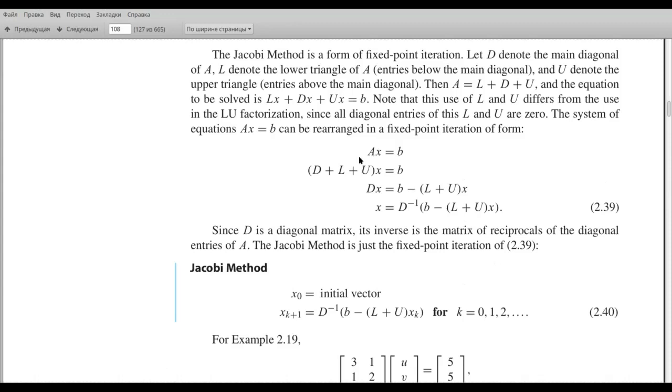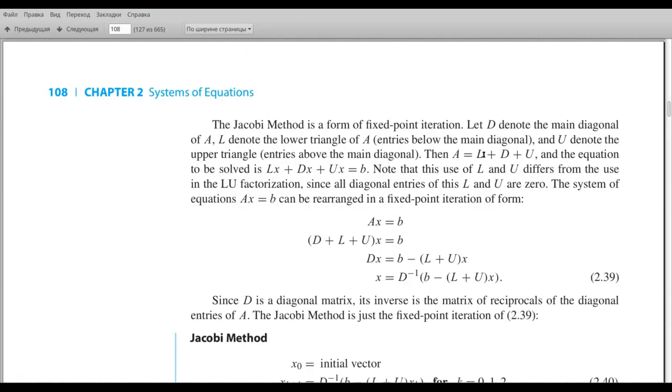So really, you can formulate the Jacobi method for larger matrices in the following form. You can say that your A can be represented as lower entries, diagonal entries, and upper entries in the matrix. Let me stop sharing here and share here.